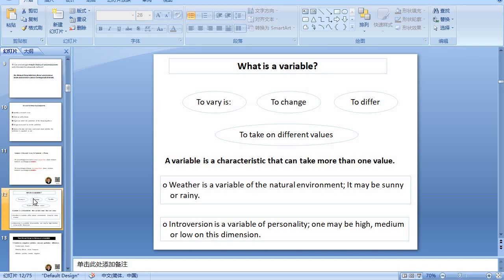Are there characteristics that only have one value, that are not a variable? Can you think about a characteristic, a human characteristic that is not a variable? What do we call these kinds of characteristics? They are called constants. If a characteristic is not a variable, then it is a constant. It has only one value.